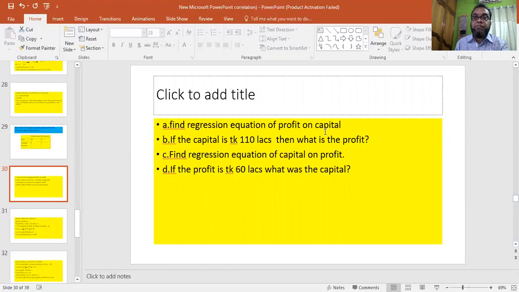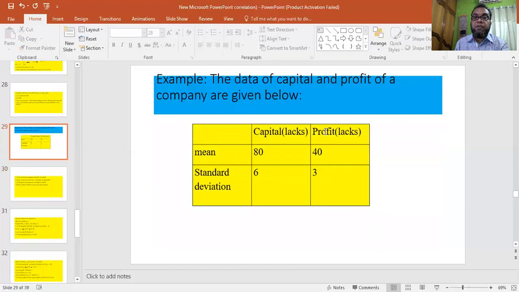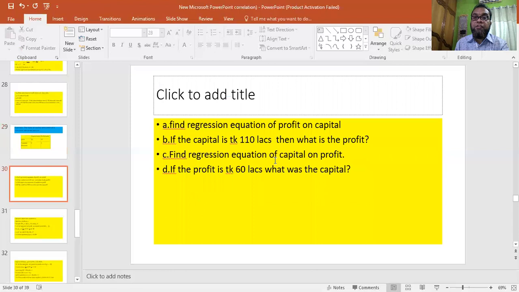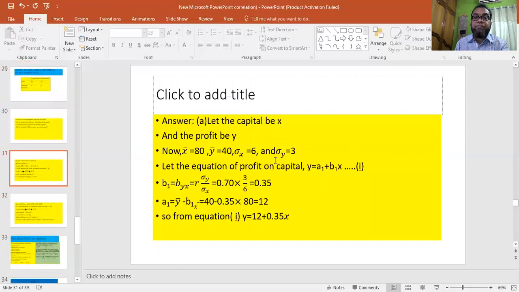You see, profit is 40, capital is 80. So you let the capital be X and profit be Y. The two things which are given, you let one be X, another one be Y. Now, what is given?